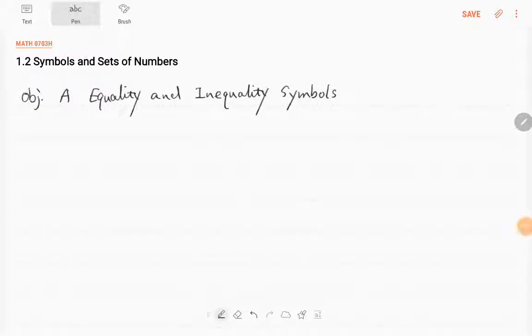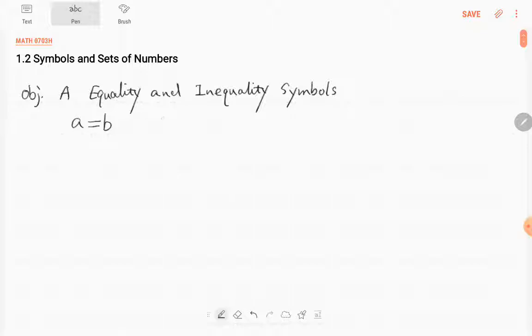All right, let's start with 1.2. The first objective is about equality and inequality symbols. So we have one equality symbol. If we say this symbol means A is equal to B, this symbol means is equal to.